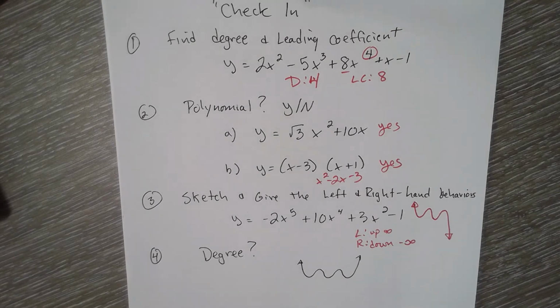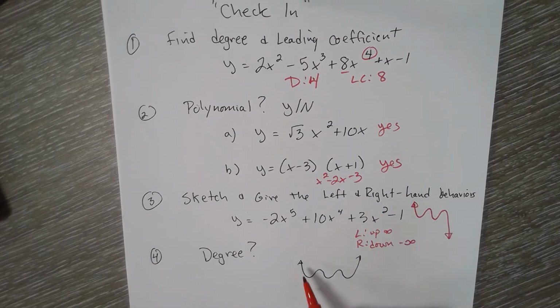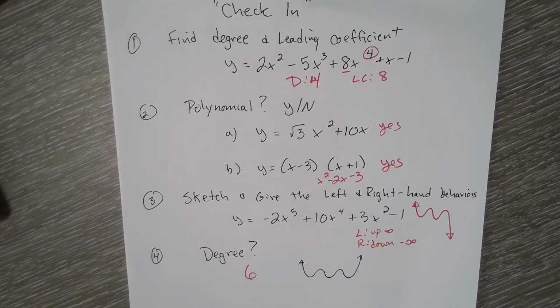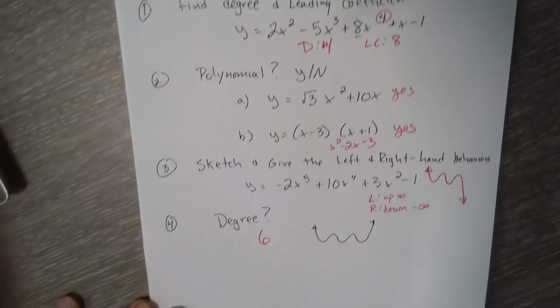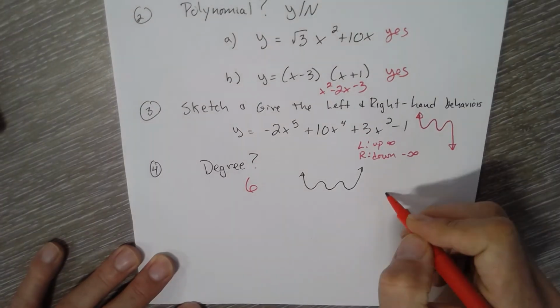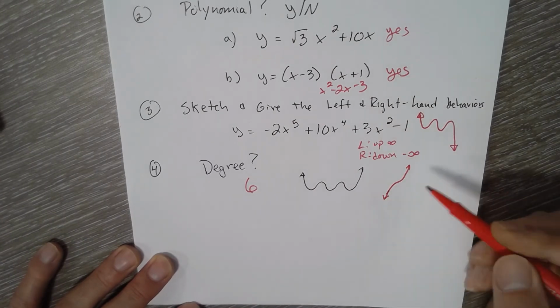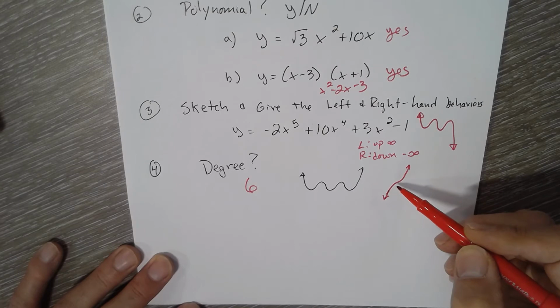Number 4, my degree. 6. 1, 2, 3, 4, 5, 6. I would agree that that's 6. Now sometimes you might have a 3rd degree polynomial that looks like this. That's still a 3rd degree because you can see it goes up, kind of down, and then up.